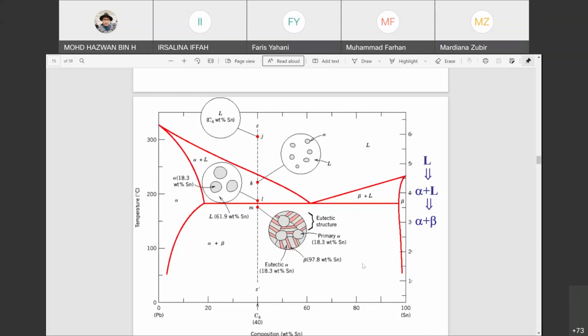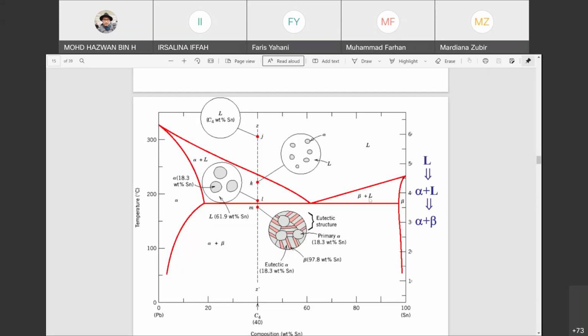What we want to say here is that we know in the region of 61.9 until 99%, you have more beta as compared to alpha. The microstructure will be almost the same as what we have seen just now, with the formation of grains, but it will no longer be alpha, it will be beta.